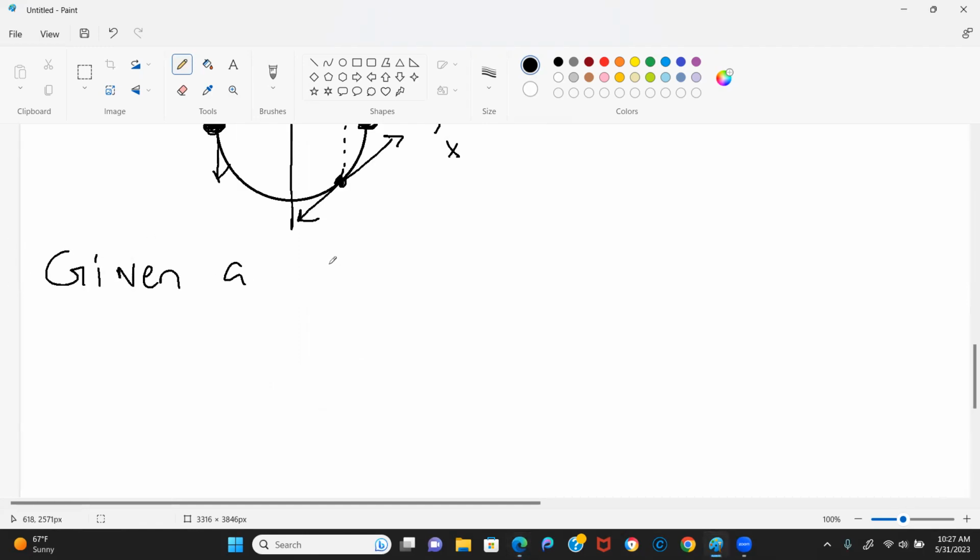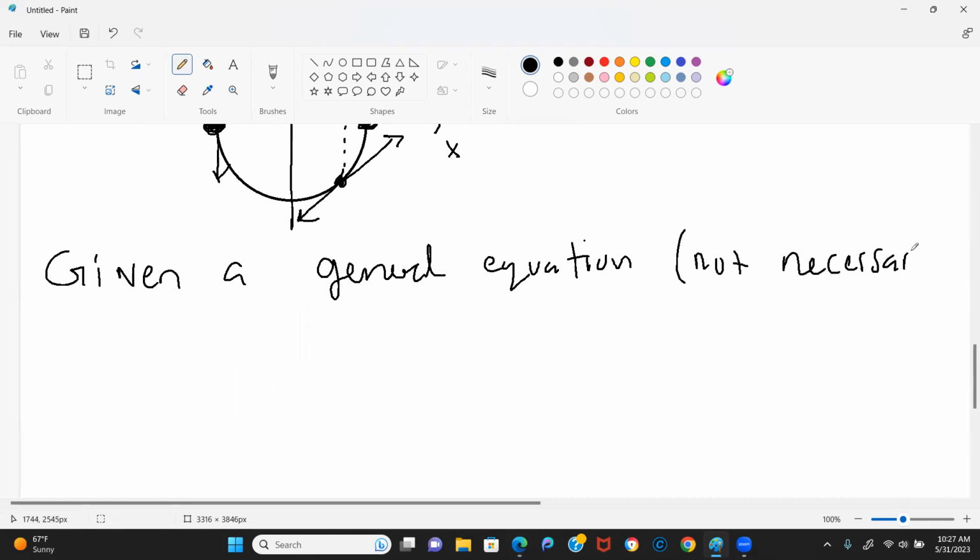So the idea is really simple. It's the following. Given a general equation, say like the circle, not necessarily corresponding to a function.